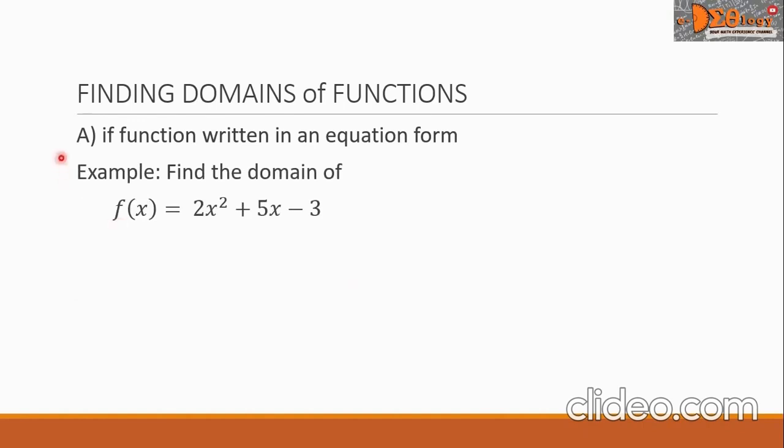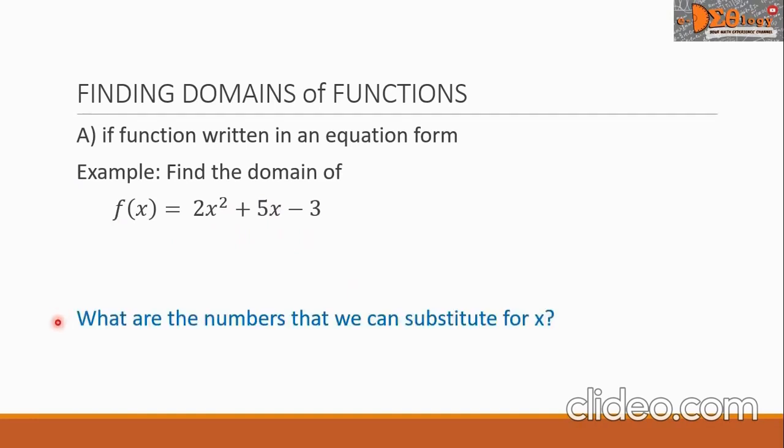Let's have an example. Find the domain of f of x equals 2x squared plus 5x minus 3. The question here is, what are the numbers that we can substitute for x? We can think of many numbers. One example is 0.